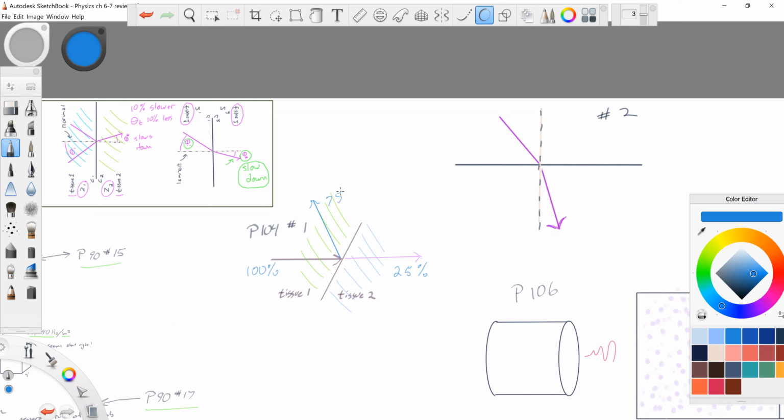These numbers are obviously made up because they didn't give us any numbers. Answer: the transmitted beam undergoes little to no refraction. Well, okay, little or no refraction, which is actually what I drew, and that's okay because typically the speed of sound doesn't change that much.